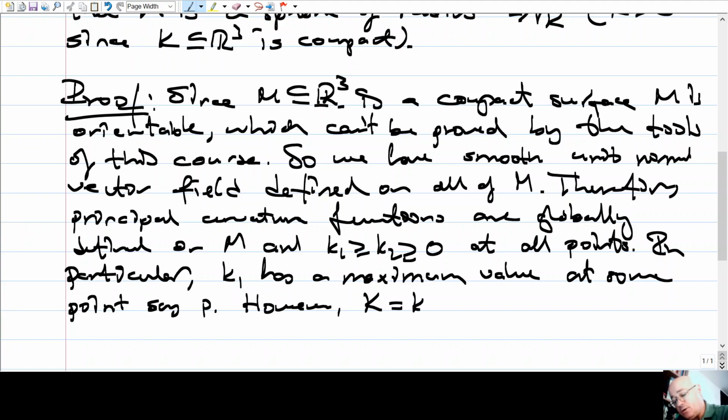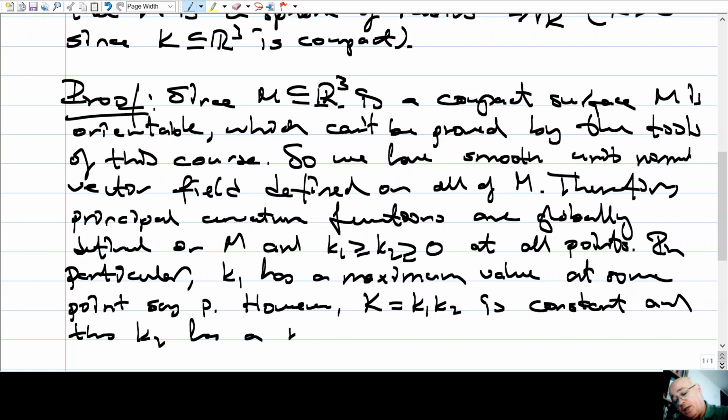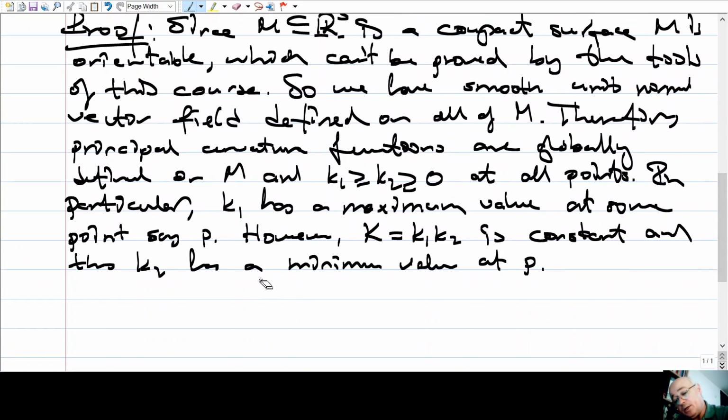However, K, which is Gaussian curvature, which is K1 times K2, is constant, and thus K2 has its minimum value at P. Why is it?